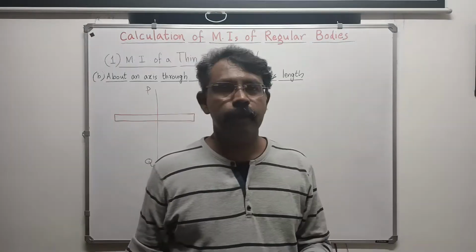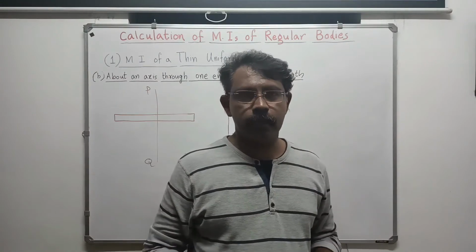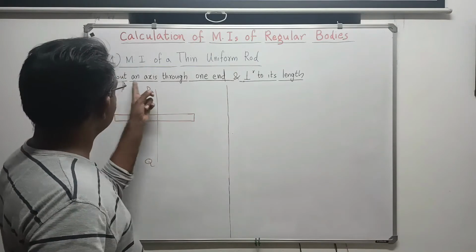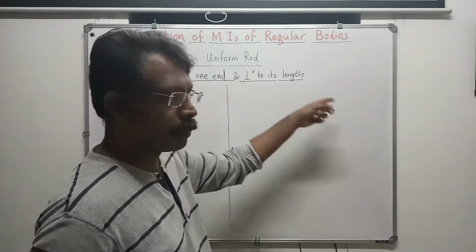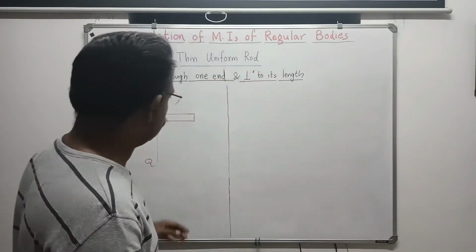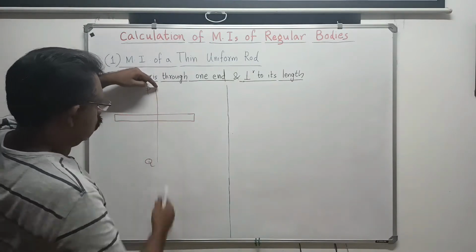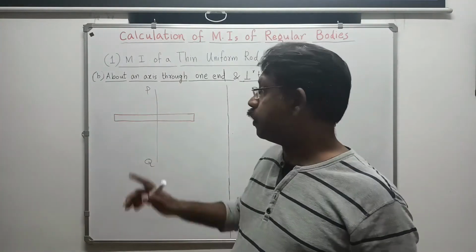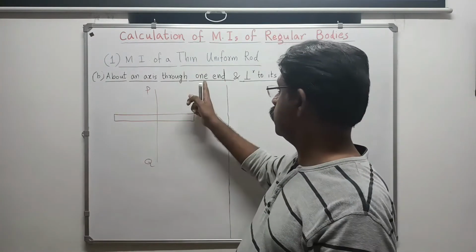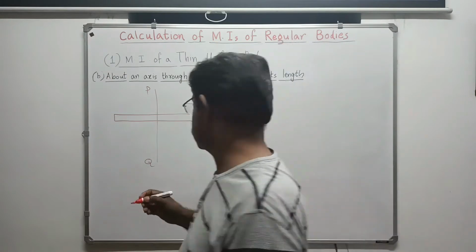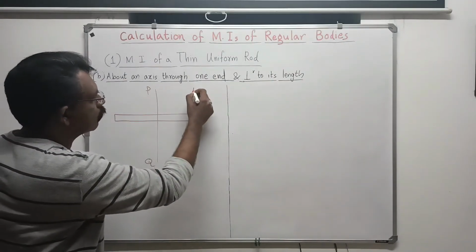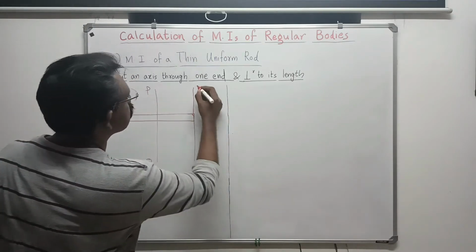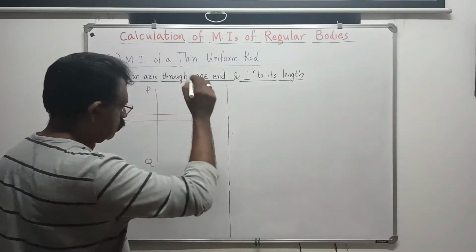Okay. So the next part of the derivation is to find out the moment of inertia of the same rod but about an axis through one end and perpendicular to its length. So earlier we have determined this one, the moment of inertia of the rod about the axis passing through the center. Now we have another axis passing through the end, which I will designate as RS.